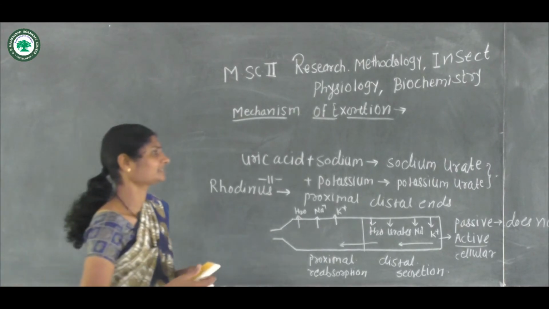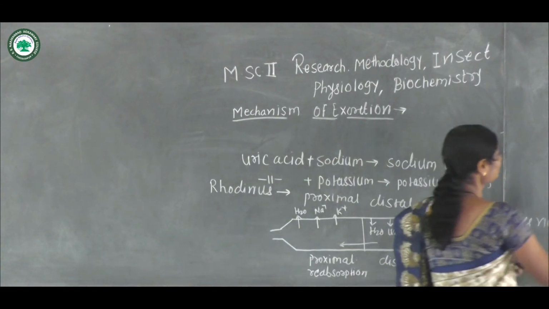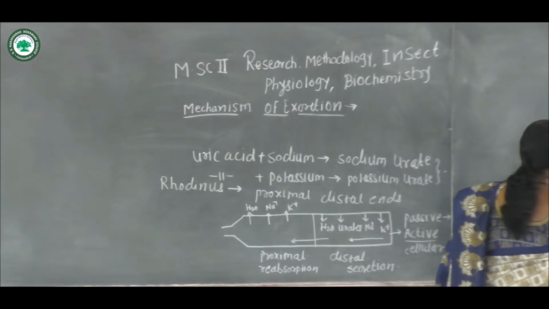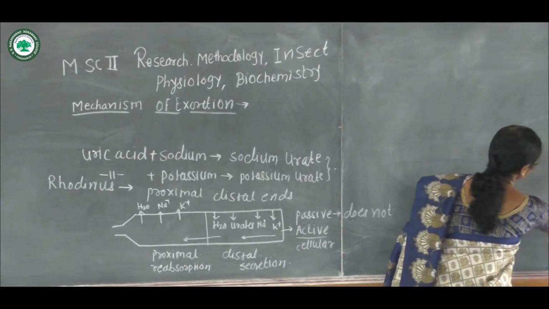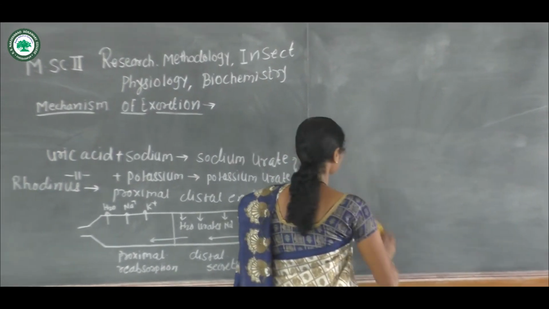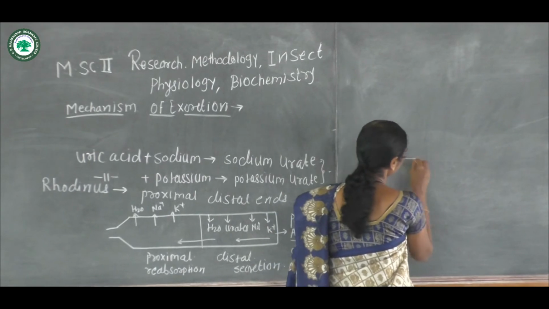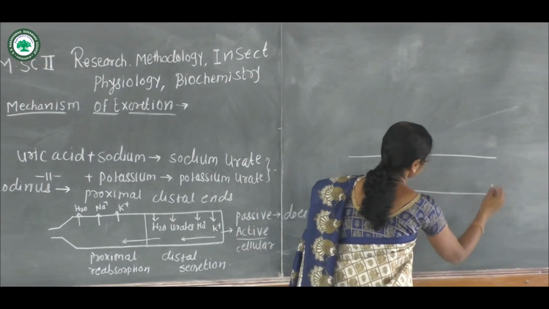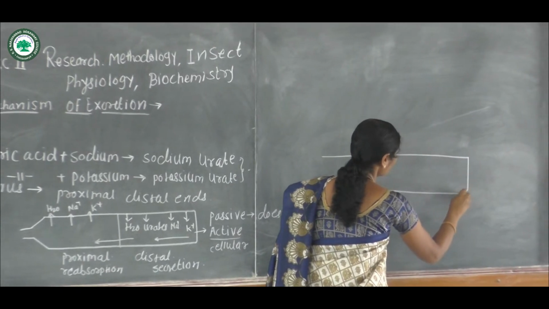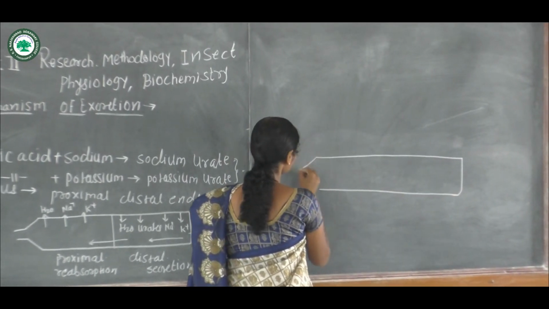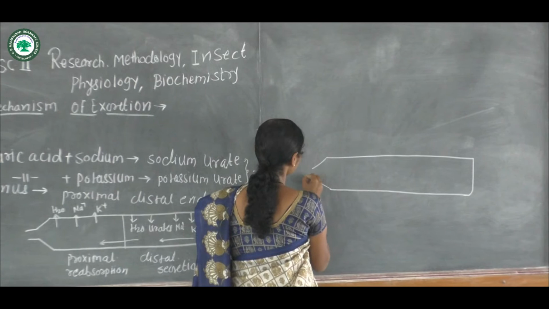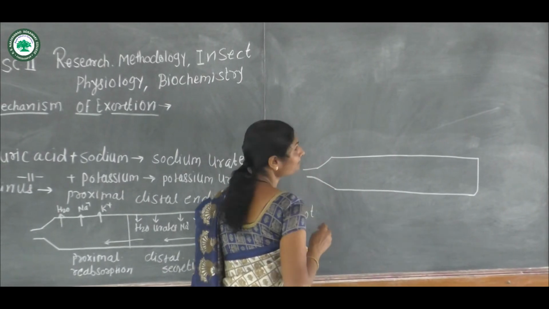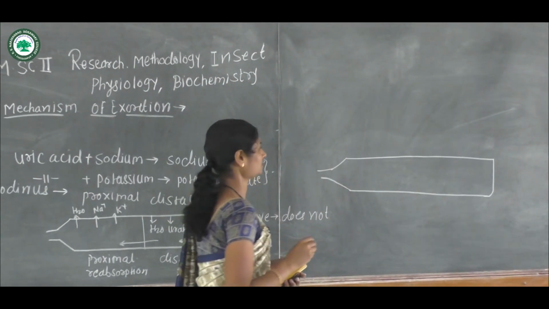In some insects, the Malpighian tubules show no differentiation such as proximal and distal tubule. In coleopteran insects, the Malpighian tubules look like the distal end of the Malpighian tubules.